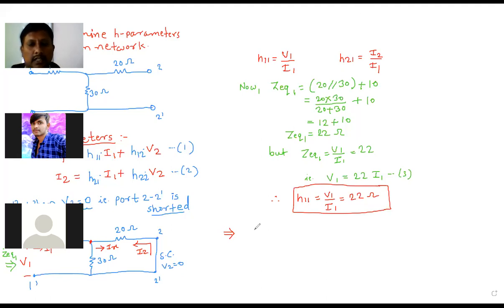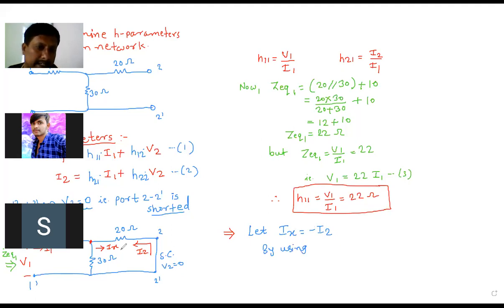Let Ix be equal to minus I2. Ix and I2 are the same, but since they are in opposite directions, there is a negative sign. By using current division, you can find the Ix value.